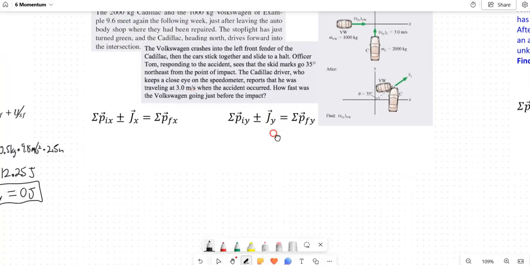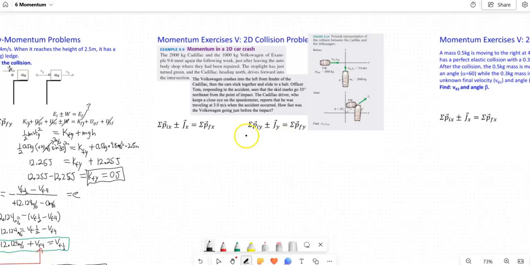Okay? So let's go ahead and plot that out. So the Volkswagen, I'm going to put first, it's 1,000 kilograms. And it's got a velocity in the x direction. And I'm going to put just a W there. So the velocity wagon, Volkswagen.